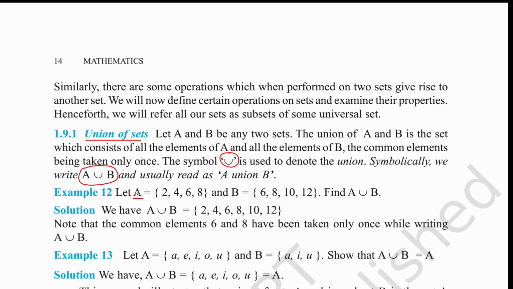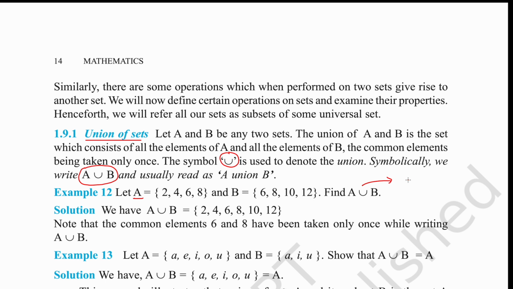So here you have two sets. Set A has 2, 4, 6, and 8 as elements, and set B has 6, 8, 10, and 12 as elements. And we wanted to find the union. In this union, what we are trying to find is a set which has all the elements of A and all the elements of B. But at the same time, we try to maintain the fact that we do not repeat an element inside the union.